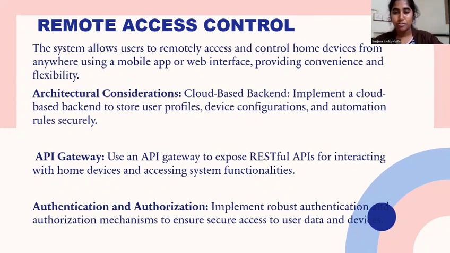So it is easy for you to just install an app and then have access through your fingertips. And also all these modules, like we have come across through home automation, security, remote access, and all.